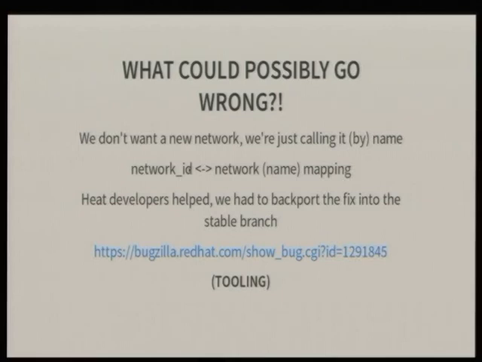And Heat had a very nice feature, introduced after our initial release, which allowed us to refer to networks by their names rather than their IDs. And we decided to take advantage of this feature. So in the initial release, we were referring to the networks by their IDs. Then in the next release, we were referring to the same network by its name. And we expected it to do the mapping correctly.